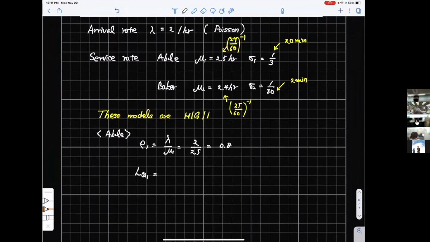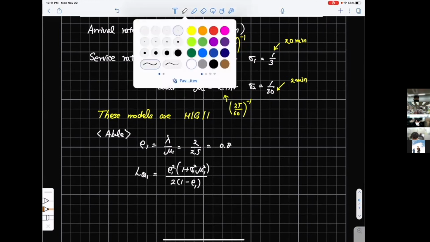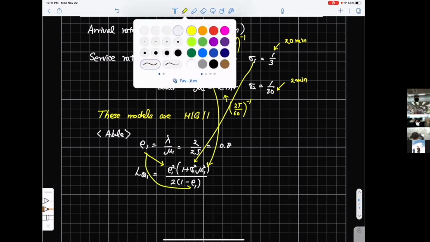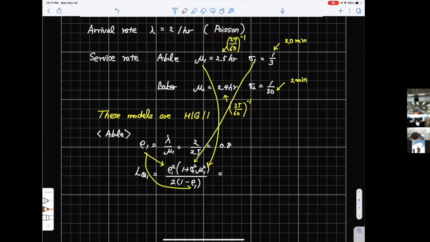LQ1 of Abel, the original formula is like this. We just put in the numbers, and the calculation result becomes 2.711.